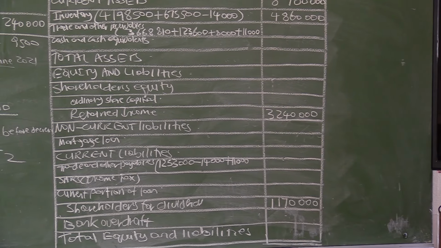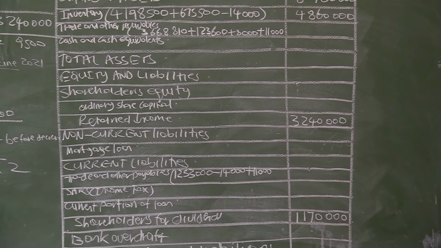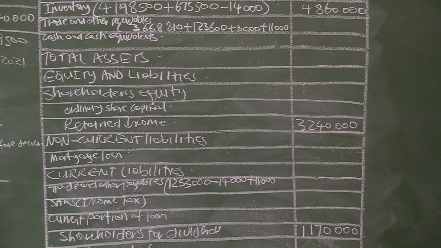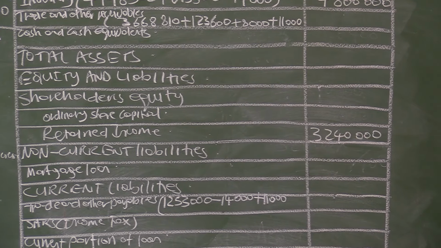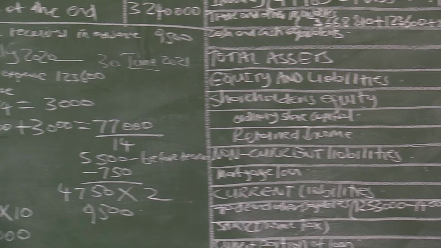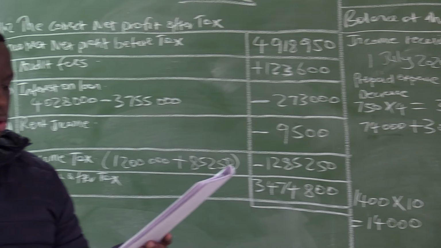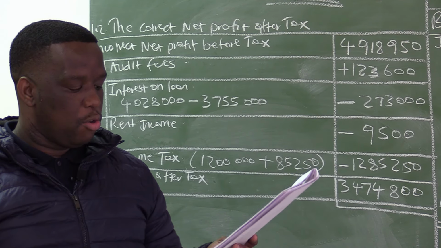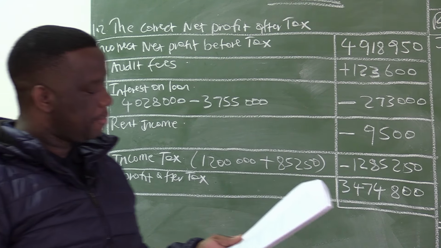Right, let us also look at other adjustments. We have already done adjustment D. Adjustment E has been done. Adjustment F has also been done. Adjustment G. Let's look at adjustment G. It says a fixed monthly installment of 35,000 to cover loan repayments and interest has to be paid over the full period of the loan. Interest will decline over the life of the loan. The interest on the loan budgeted for the next financial year is 234,000.